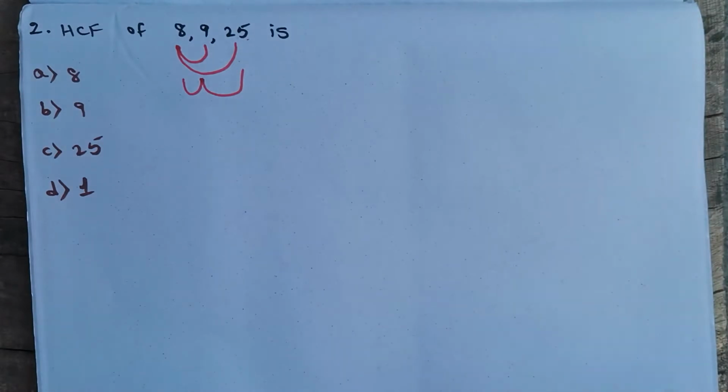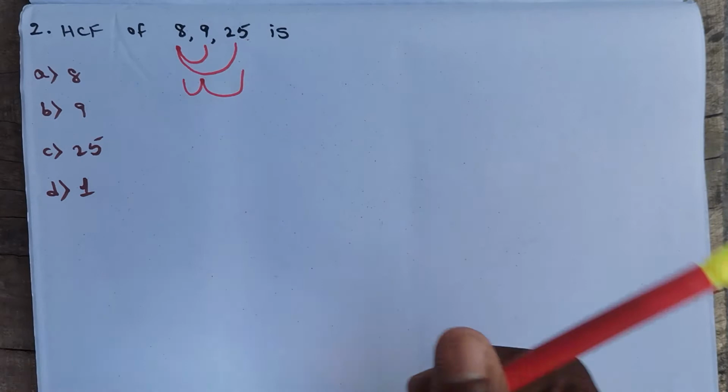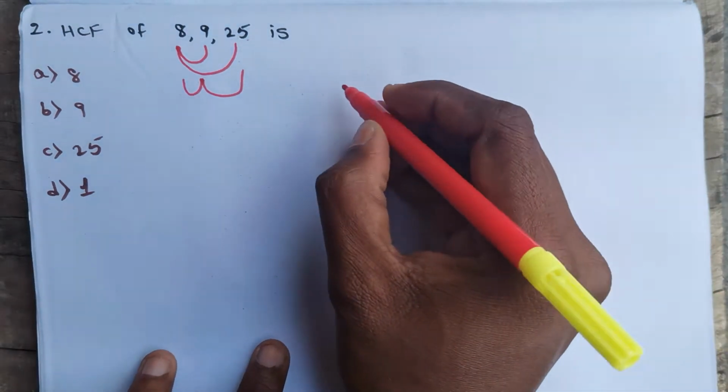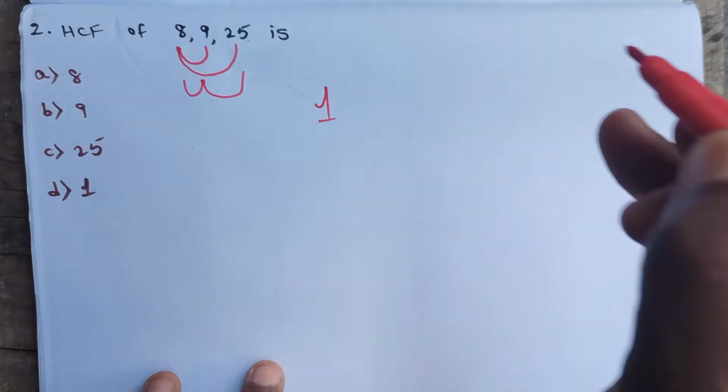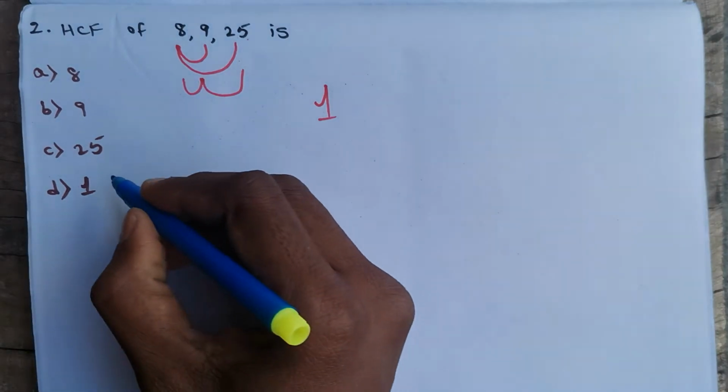So one number is not at all there in the multiplication tables of the remaining 2 numbers. So it means those 3 numbers don't have any connection with each other. So the HCF will be 1. HCF is 1. So the correct option is option D.